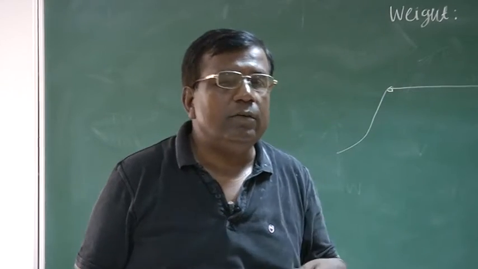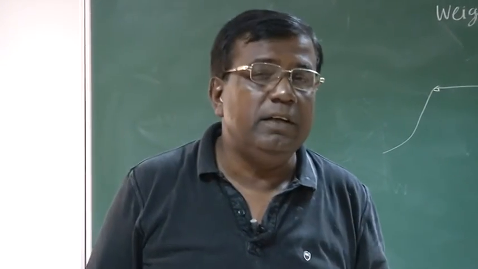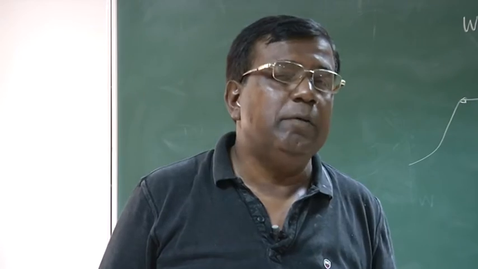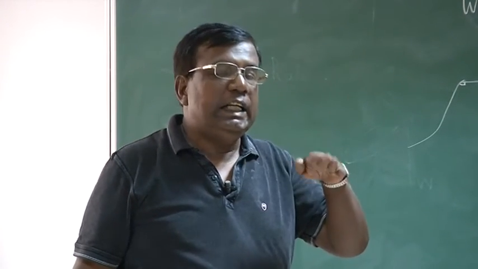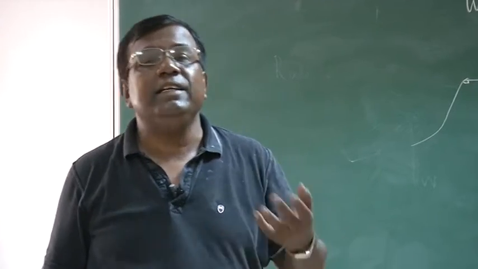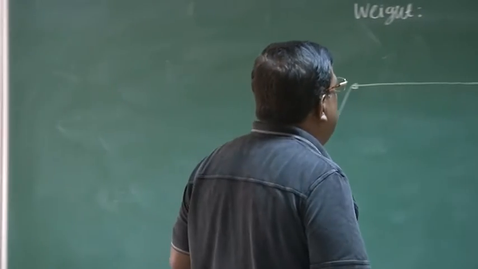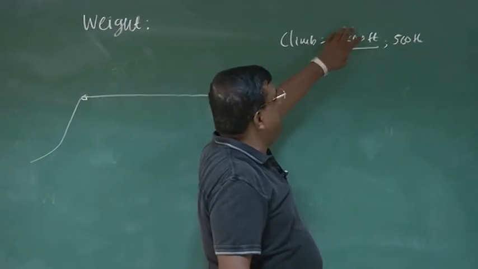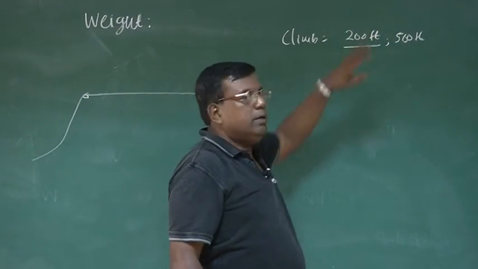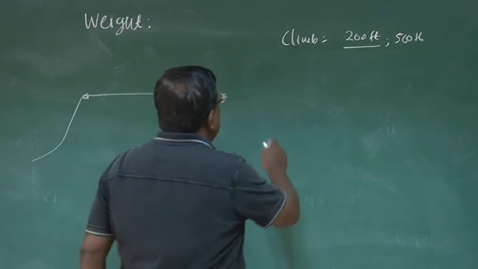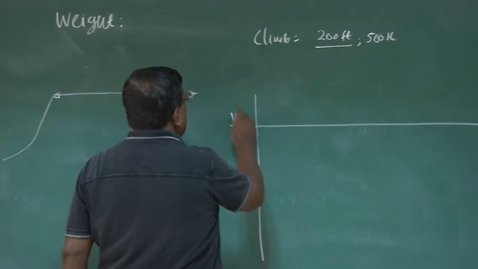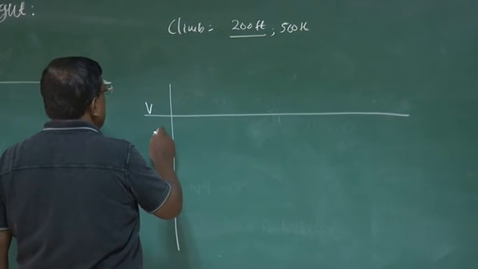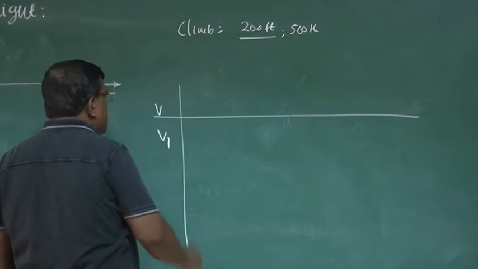Why am I saying 200 feet, or 500 feet? Because I don't want to change the altitude so much that there is a large change in the density. So it is better if I try to manage my experiment within 200 feet. It's a good number. So now you have agreement with the pilot, and this is the V. So you start climbing.